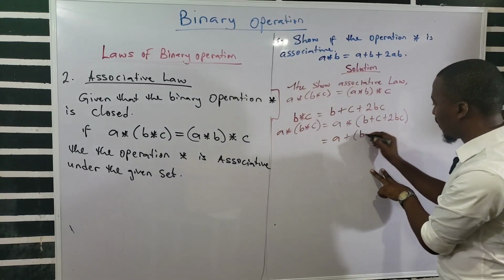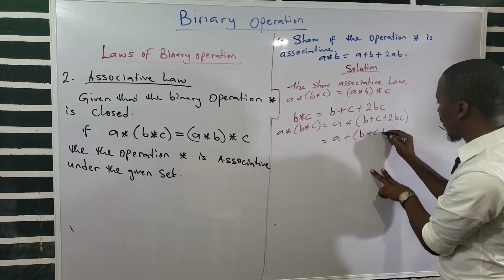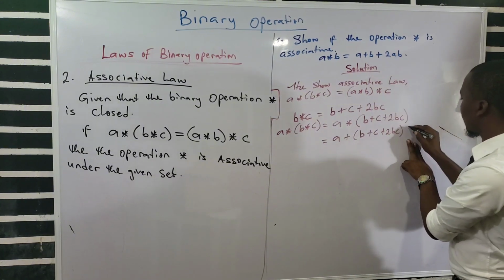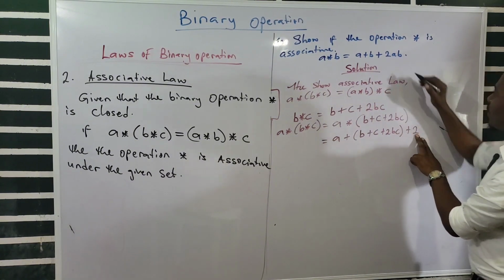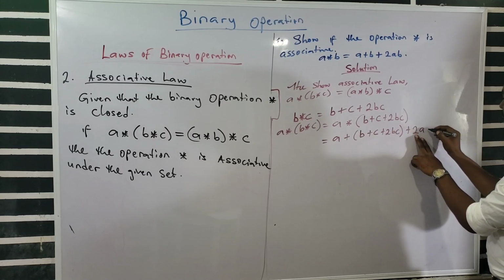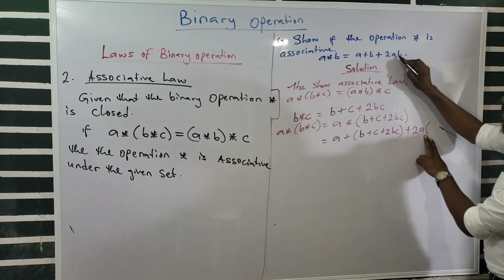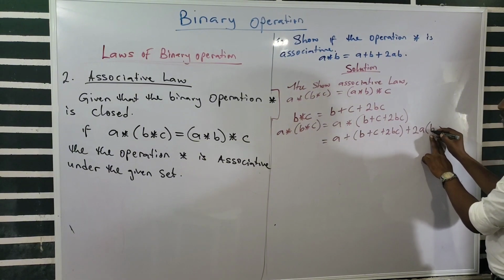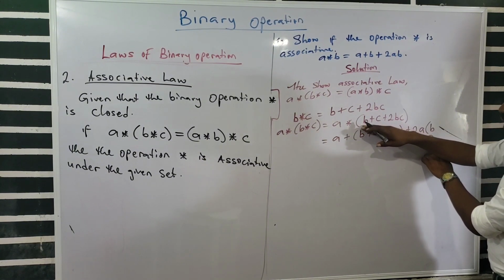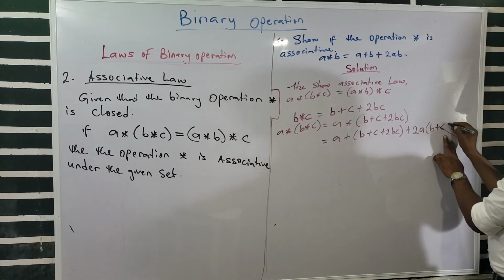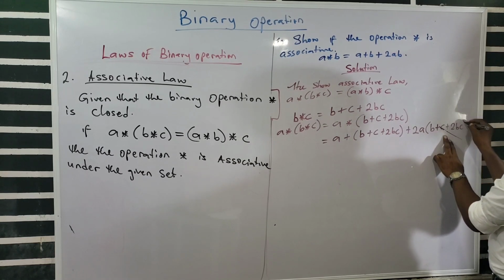So that will give us A plus B plus C plus 2BC plus 2 times the first element, which is A, times the second element here, which is B plus C plus 2BC.